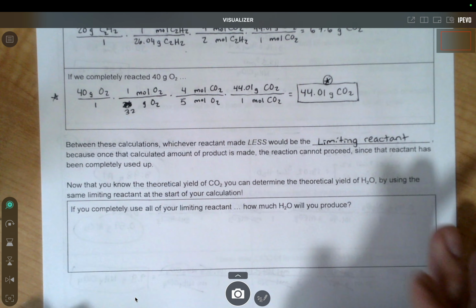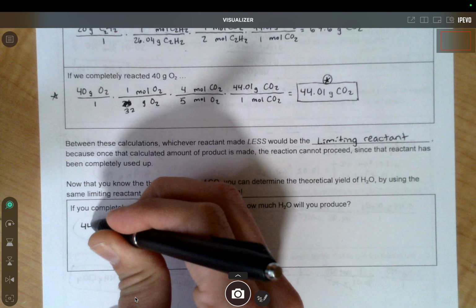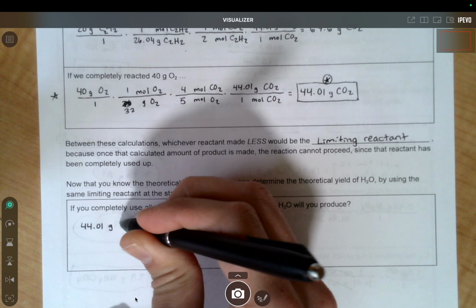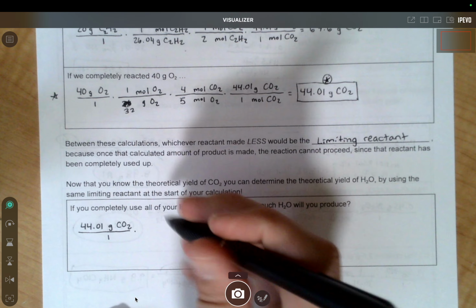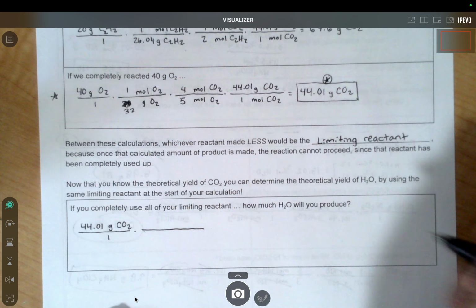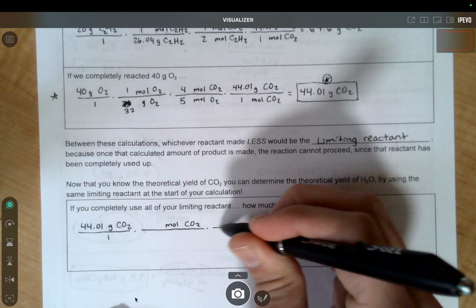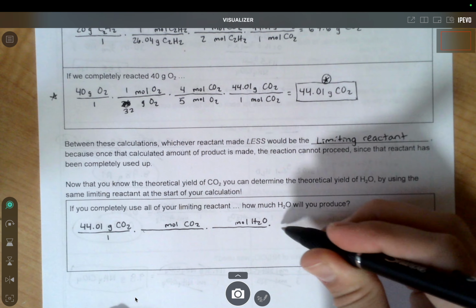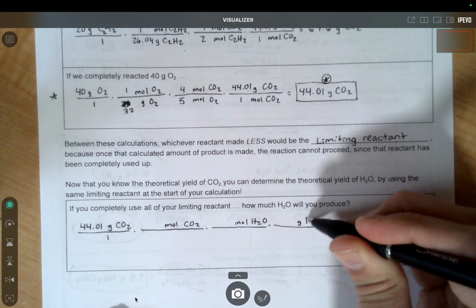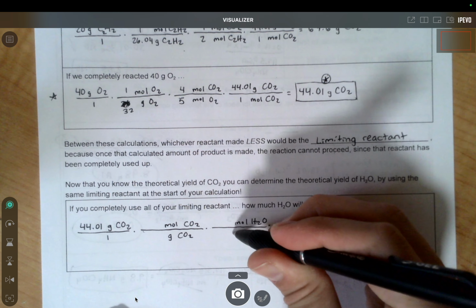We can also now figure out what the theoretical maximum of water would be. So if I start with 44.01 grams of CO2, which is our theoretical yield, I can go to moles of CO2, and then I can go to moles of H2O, and then I can convert to grams of H2O. Going to put grams of CO2 in the denominator.